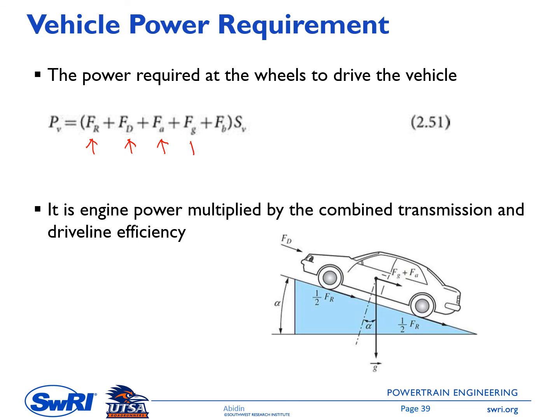This is in case the car is climbing a grade, and this is in case we need to brake the car, and this is multiplied by the vehicle speed. So it is divided by the combined transmission and driveline efficiency. Then you will get the engine power.